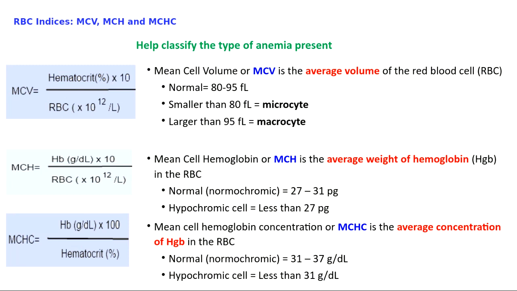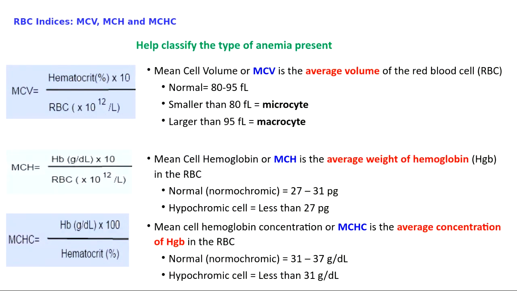Slide number 15 tells us about the red blood cell indices, those values that are included in the CBC. They are super important because if the patient shows anemia, a decreased number of red blood cells, then the doctor wants to know, if I look at the mean cell volume, or MCV, that will tell me whether the red blood cells are small or big.